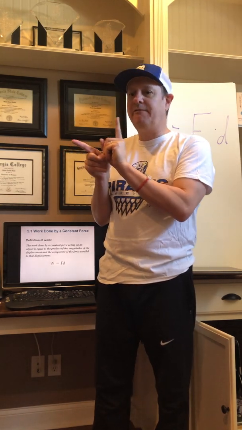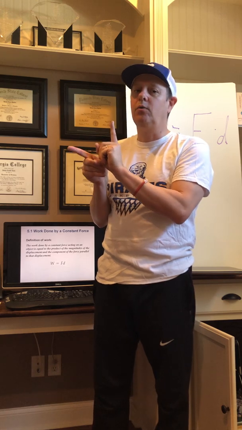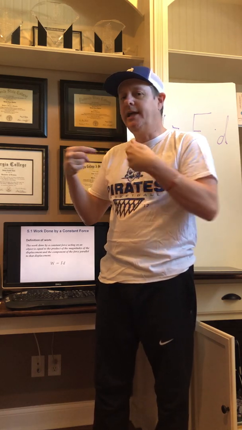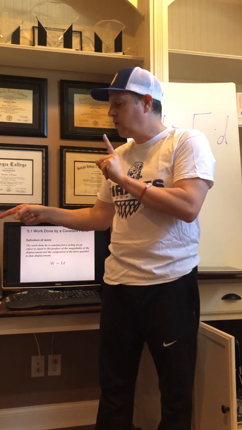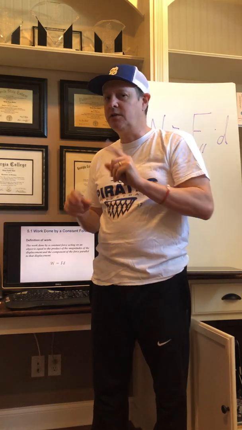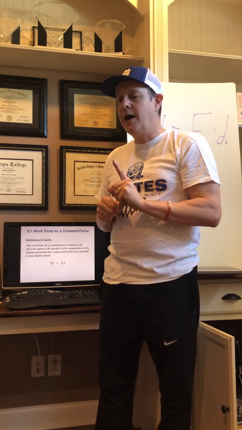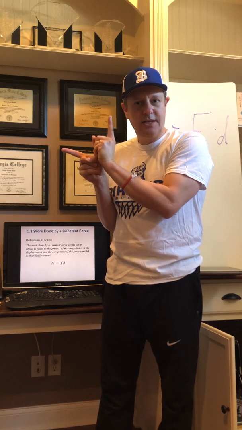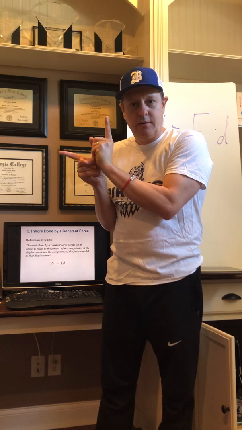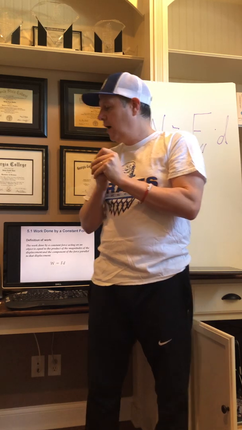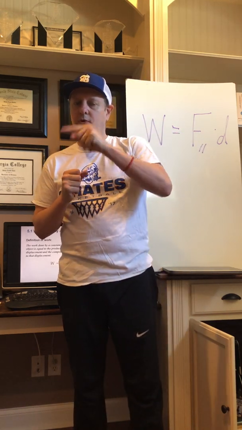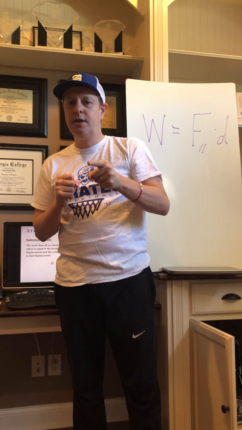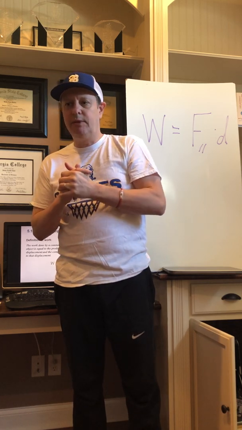Yes. Were my feet doing work on the floor? Probably so. Was friction doing work against me? Probably so. But as far as the book goes, if the book was the free body that you drew, I lifted up on the book, but the displacement is that way. Last time I checked in math, that's called perpendicular, not parallel. So in order for work to be done on an object, the force and the displacement have to be parallel.